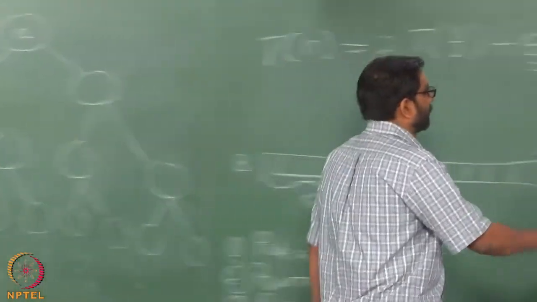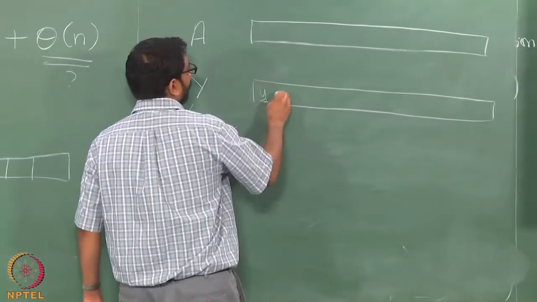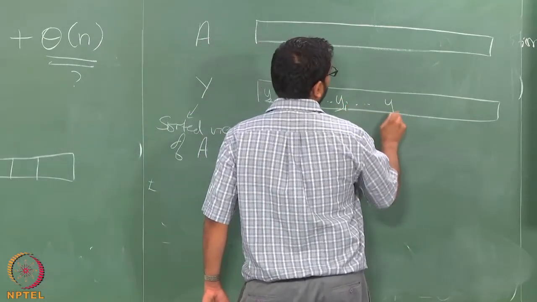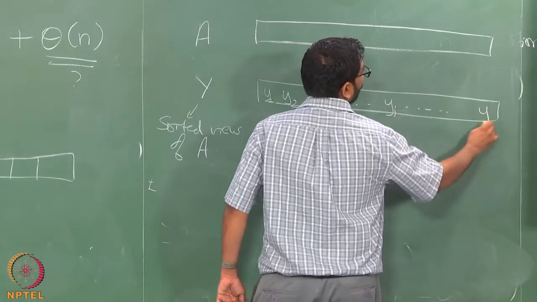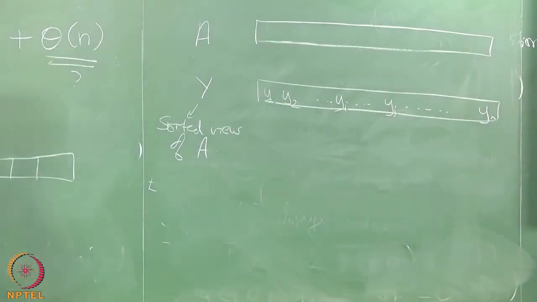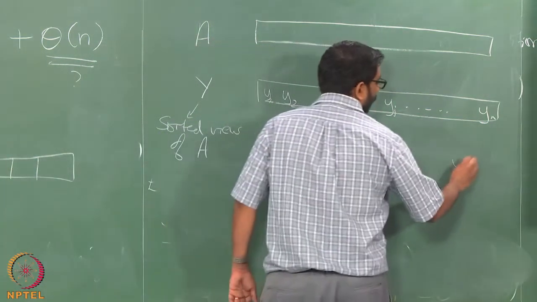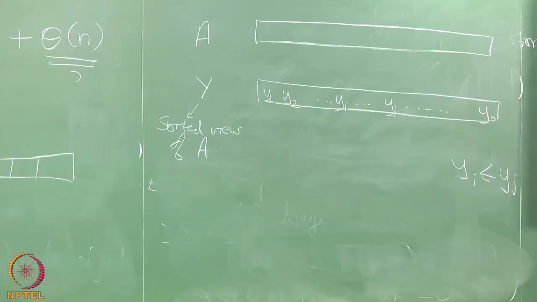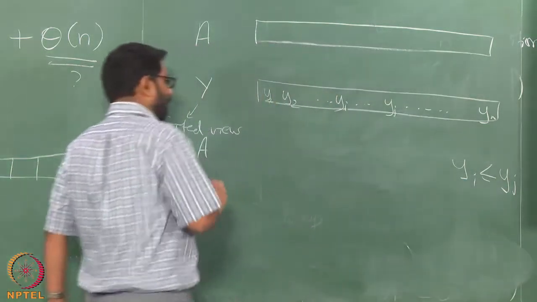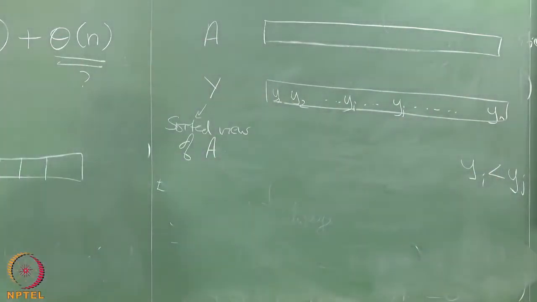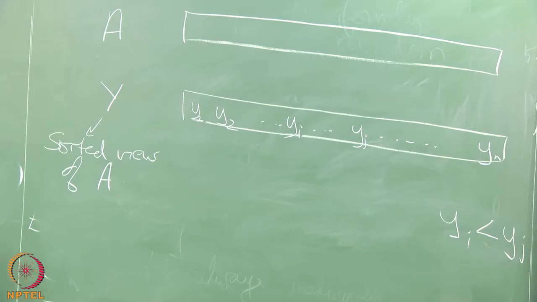So Y comprises Y1, Y2, up to Yi, up to Yj, and so on, and these are all sorted. So we know therefore Yi is less than or equal to Yj. Let's assume that they're all distinct elements, so Yi must be strictly less than Yj.